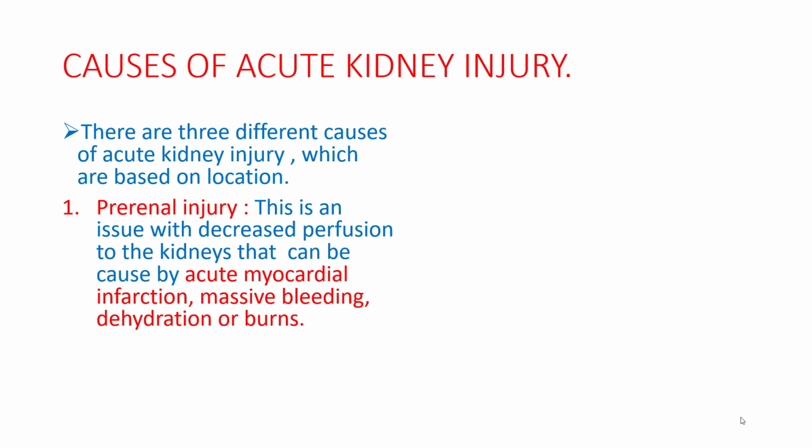This is an issue with decreased perfusion to the kidneys that can be caused by 1. Acute myocardial infarction, 2. Massive bleeding, 3. Dehydration, and 4. Burns. And in cases of decreased perfusion to the kidney, this will lead to decreased kidney function.